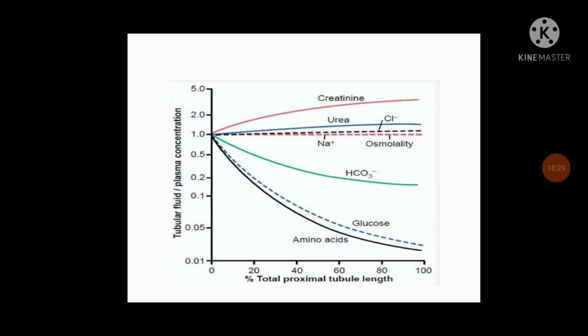This diagram shows the amount of the solutes throughout the proximal tubule length. You can see that by the time you reach the end of the proximal convoluted tubule, the concentrations of most of the glucose and amino acids decrease, as they are 100% reabsorbed.